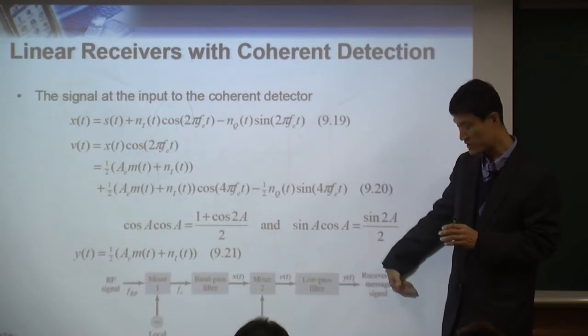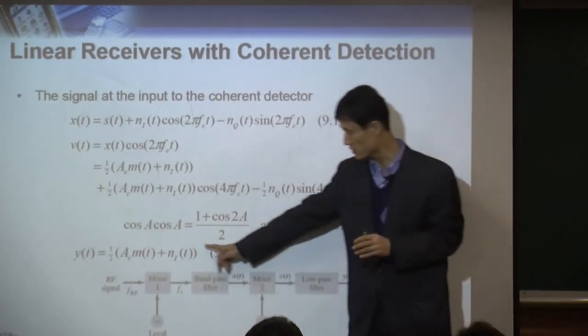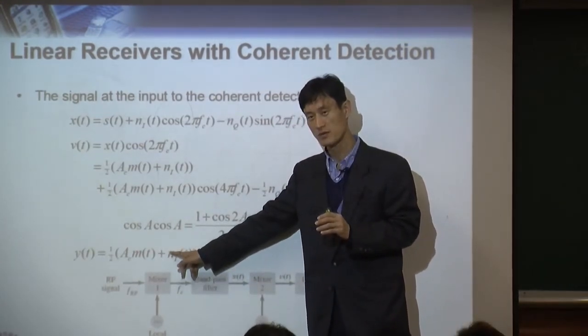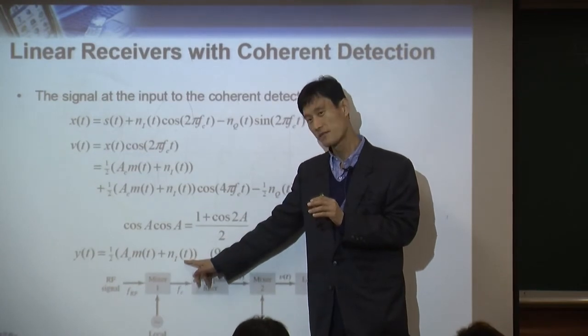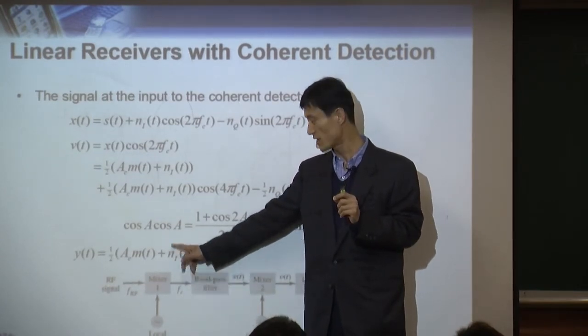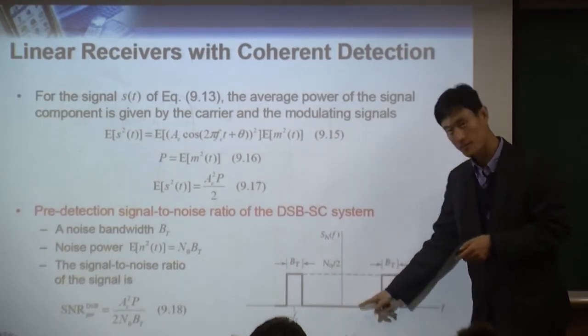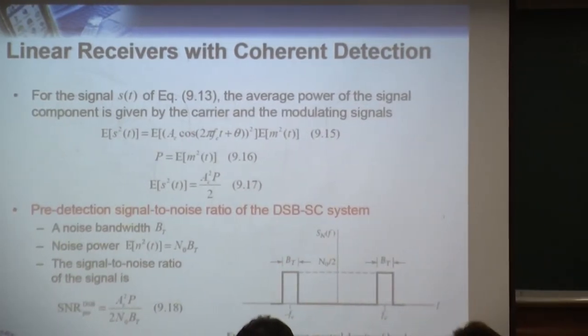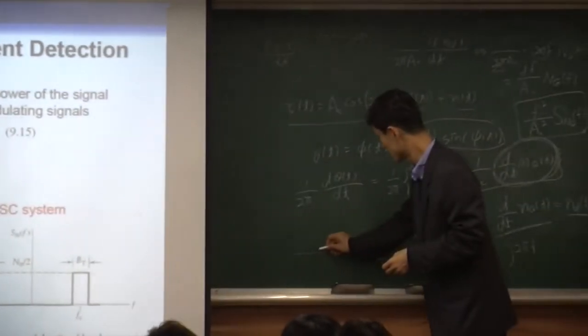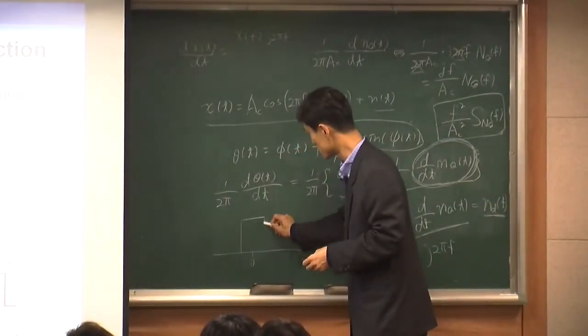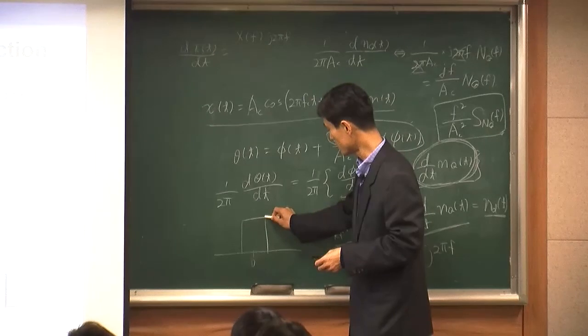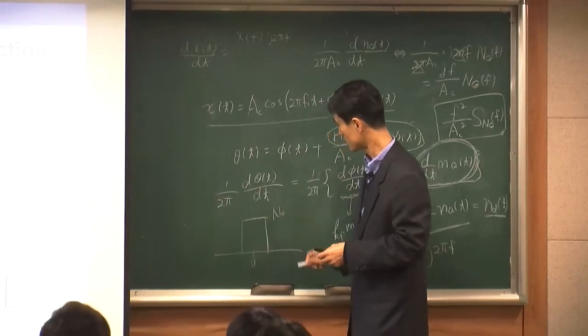Something will still survive. This is the noise output of the demodulation, n_i(t). And what is the power spectral density of this n_i(t)? Simply like this: flat, like 0, and this top is N naught.